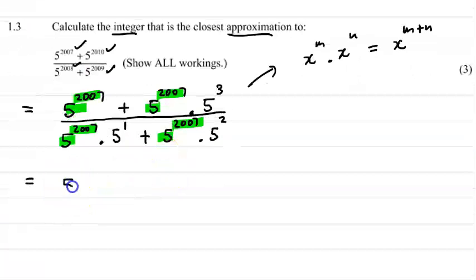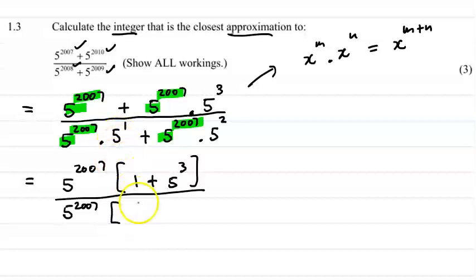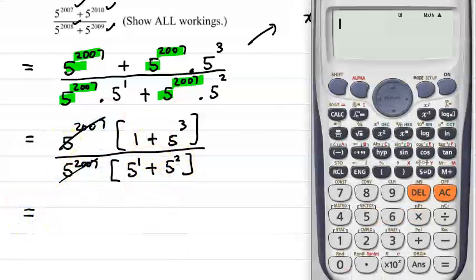So let's do that. 5 to the 2007 into 1 plus 5 cubed, all over 5 to the 2007 into, what am I left with here? 5 to the 1 plus 5 squared. So 5 to 2007 cancels with 5 to the 2007. So I'm left with the following.